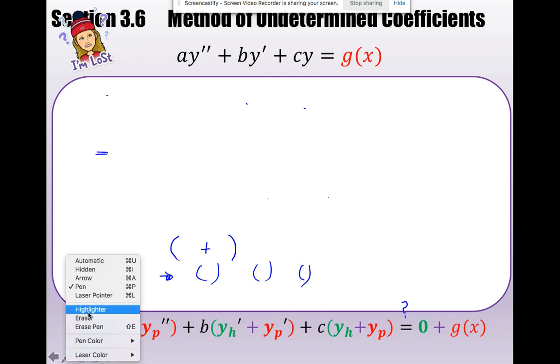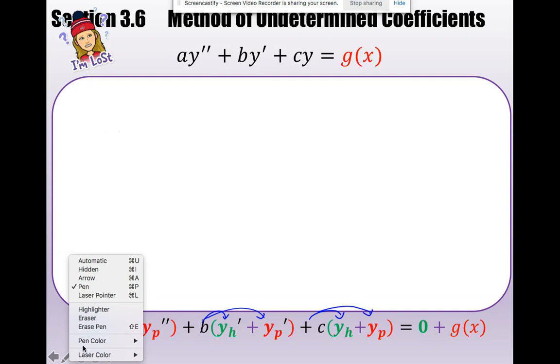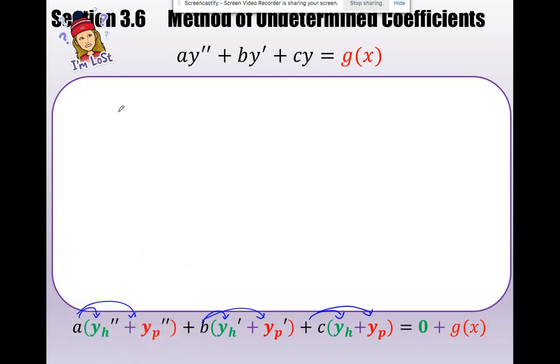So can you see where I'm going? I'm going to go ahead and distribute, distribute, distribute, and collect like terms. So I have a, then I also have b.